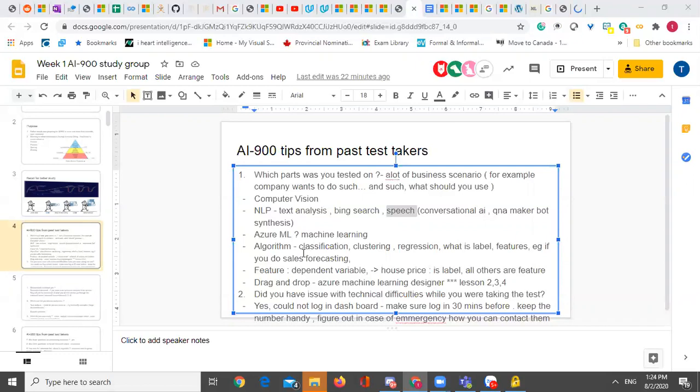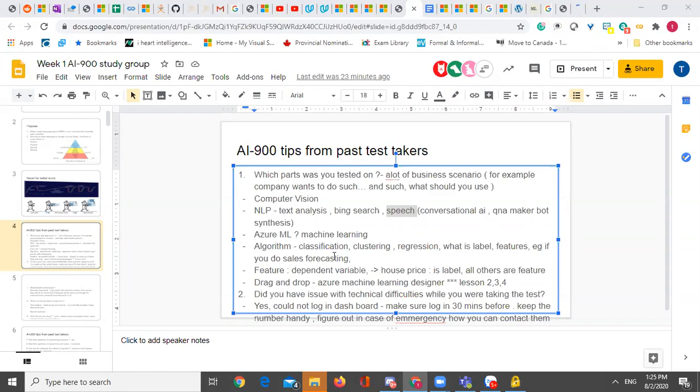We will spend about 10 minutes to walk through this, and then we will go back to our session. So pay attention to classification, clustering, regression, and also vocabulary like label and features. I have a list of that in the later slides, and we can start talking and testing one another on that, so we have some clue for the upcoming test.